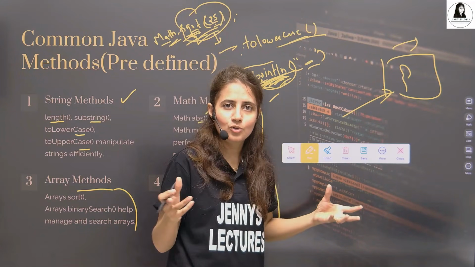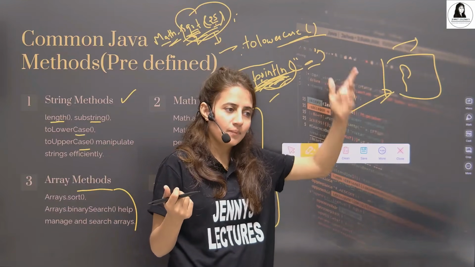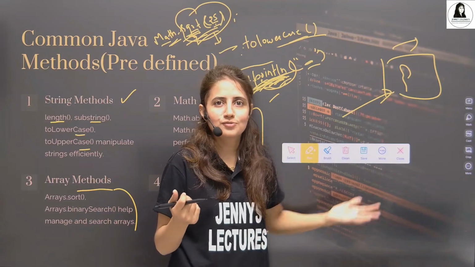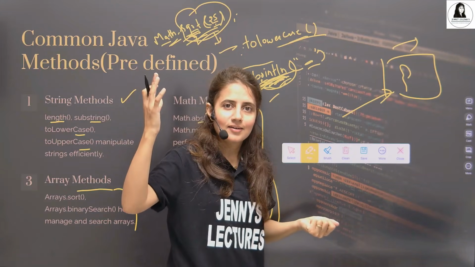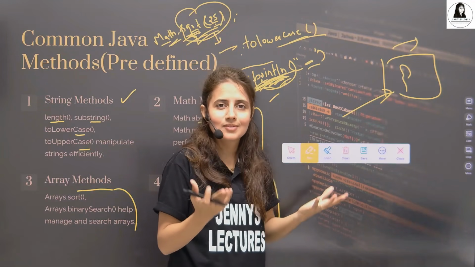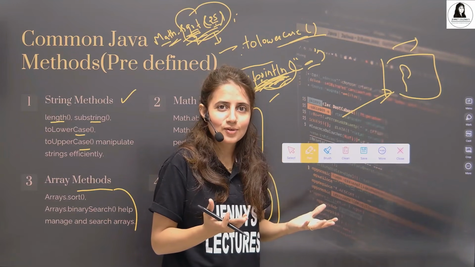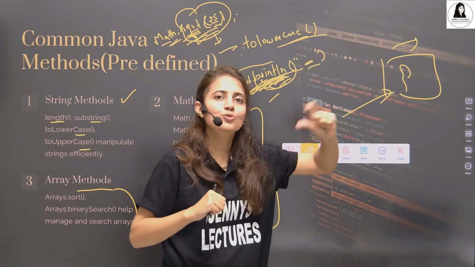There are so many news stories nowadays, like on the roof, on the terrace, they are growing some vegetables or some fruits, and they are doing that business. Rather than in those fields, they just need a roof. That's it. So like this we can also define our own methods.